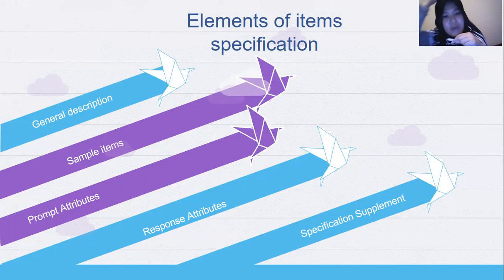And then the fourth one is response attributes. It is related to a clear description of the types of response, whether it is options, and the standard by which their productive language response will be judged. And then the last one is the specification supplement.